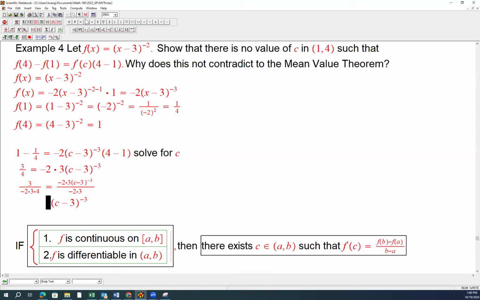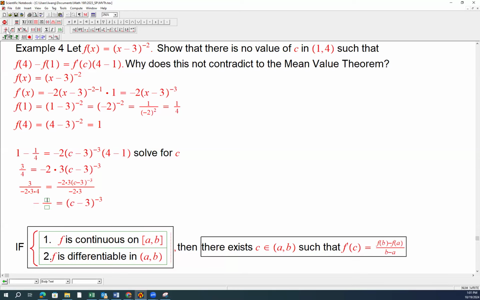And this equals, what do we get here? This is going to be negative 8. Negative 1/8. Okay? And rewrite this as positive exponents.